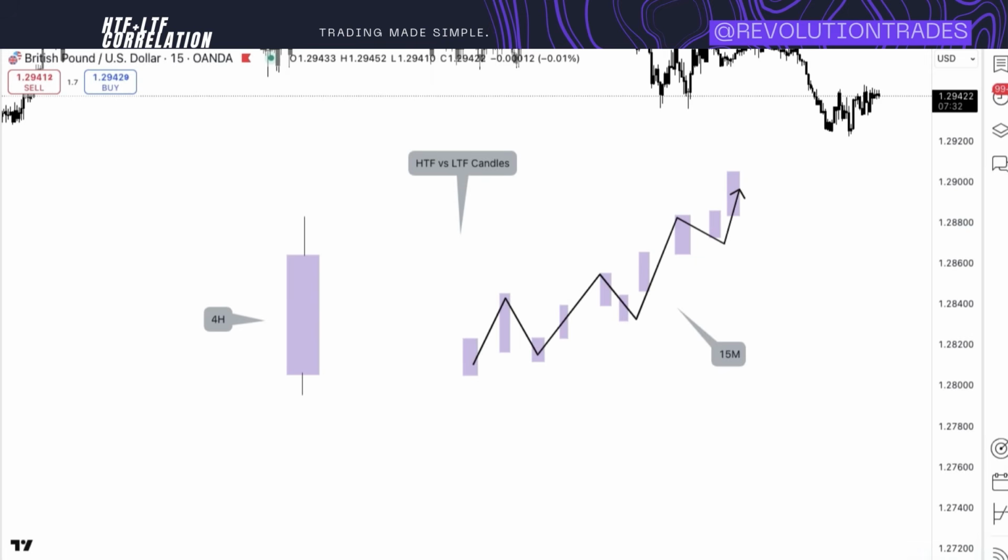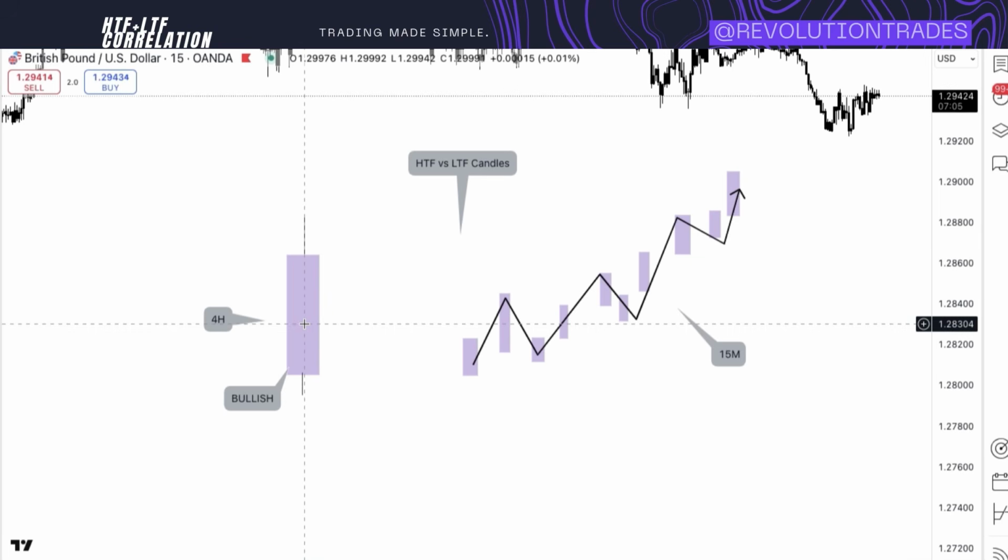For example, guys, this is a 4 hour candle, okay? Let's just say this is a bullish candle. This is a bullish candle, period, okay? On the 15-minute time frame or any type of lower time frame, but I'm going to be talking about the 15-minute specifically, the 15-minute time frame is going to be built up of this candle, but all it is is 16 candles.